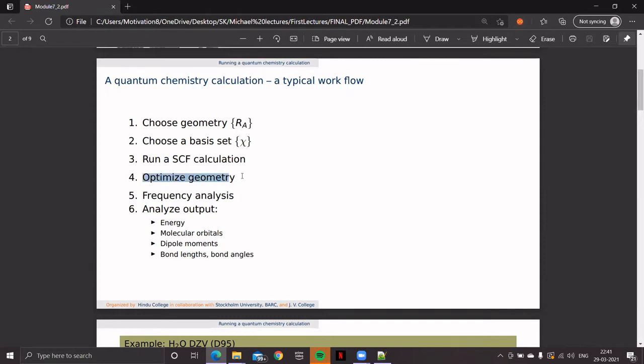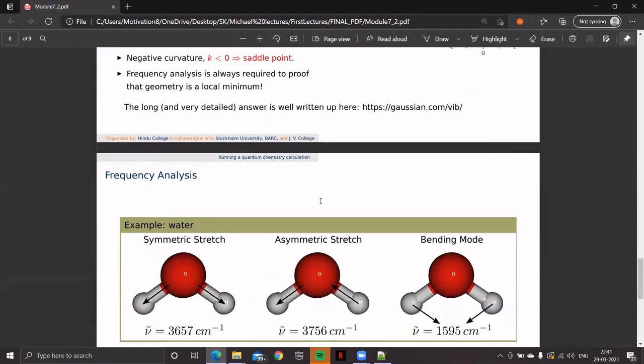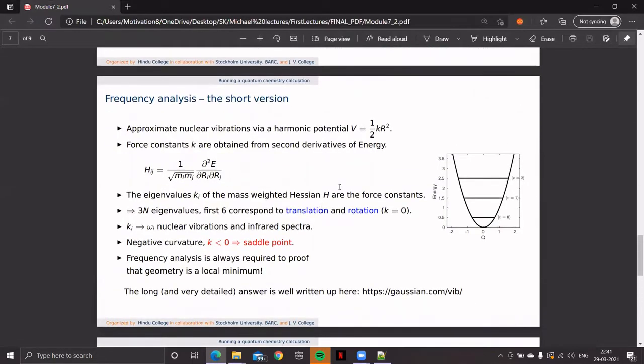Once you have the optimized geometry, they go for the frequency calculation. And in the frequency calculation, because the first derivative of energy will give you the force, and the gradient of force will give you the force constant, the force constants are obtained from second derivatives of energy.